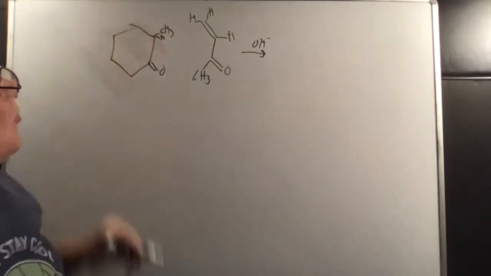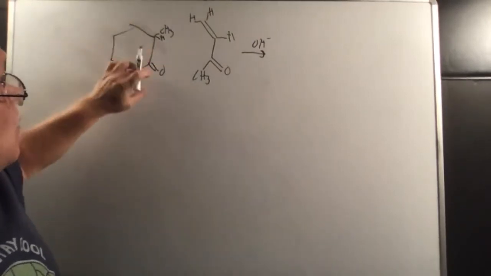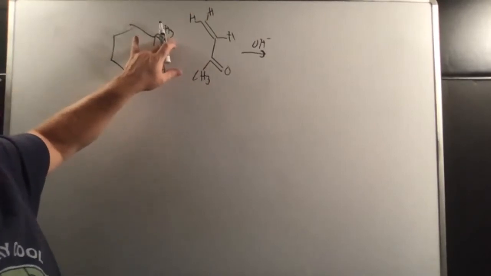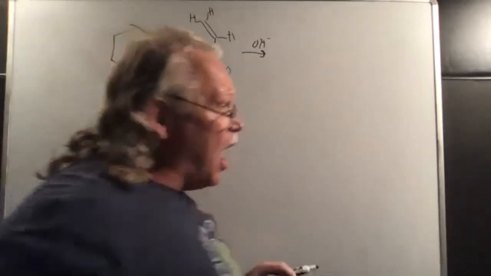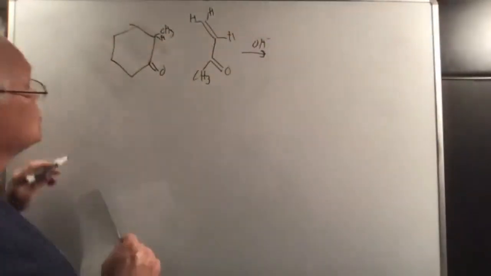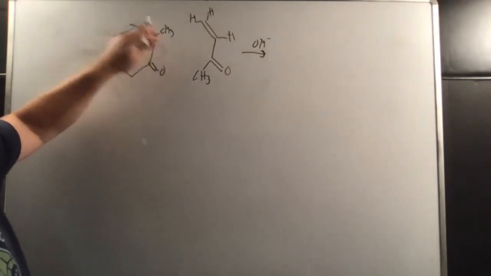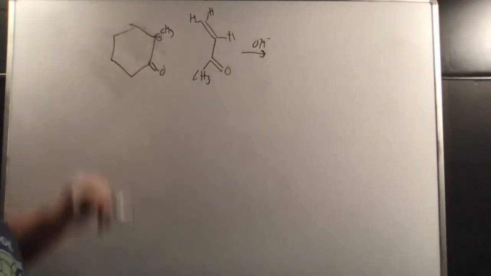So there's a hydrogen here. Okay? So notice when we do this, it loses the top hydrogen. Now remember, all of these are equilibriums. So when we do this, notice what happens. Step one, it deprotonates, forming this.